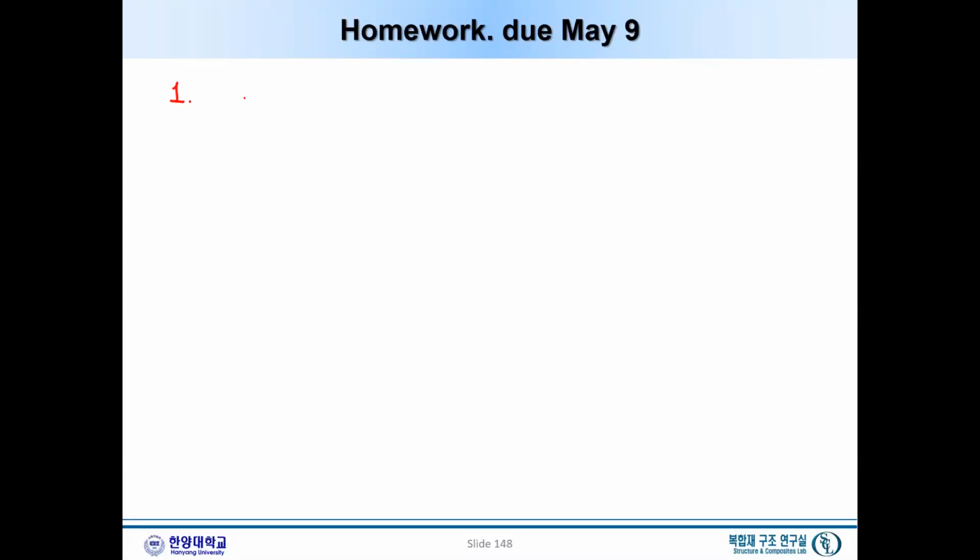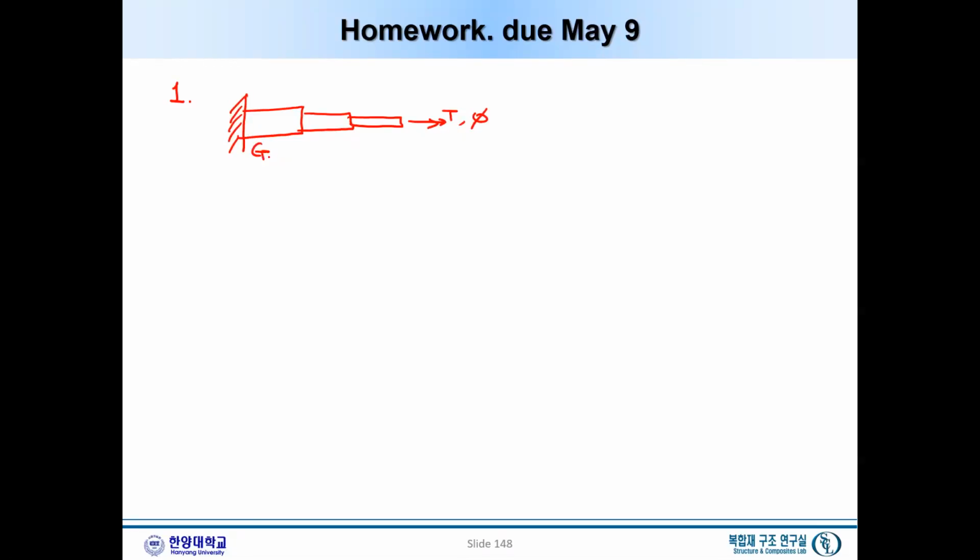Okay, we want to get back to a shaft, and we have shafts 1, 2, and 3, subject to a torque at the end, and we want to calculate how much it rotates.